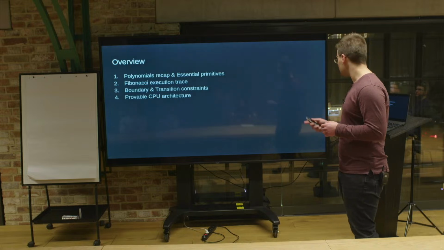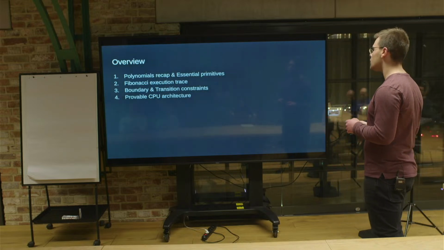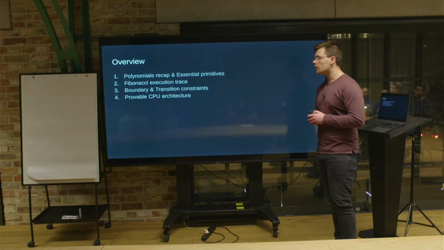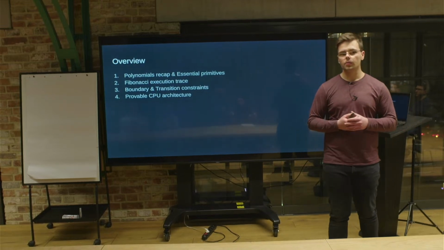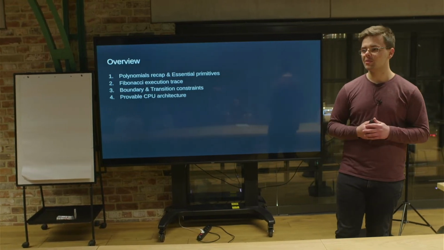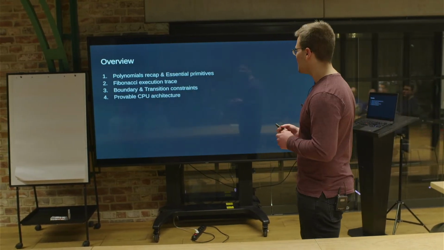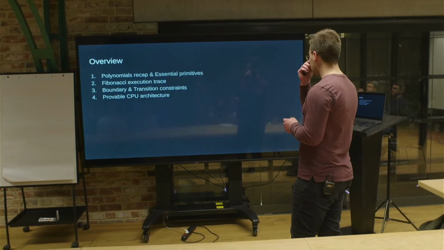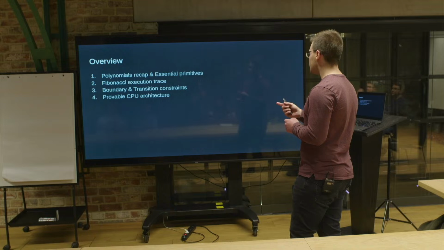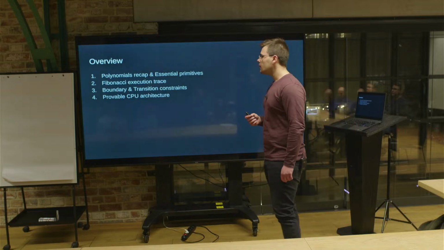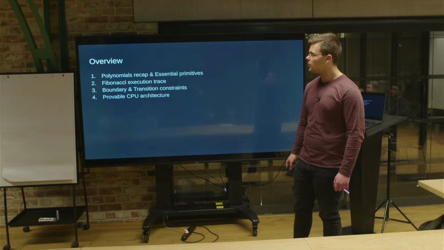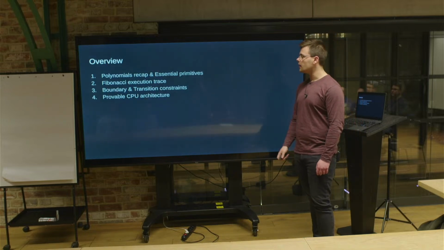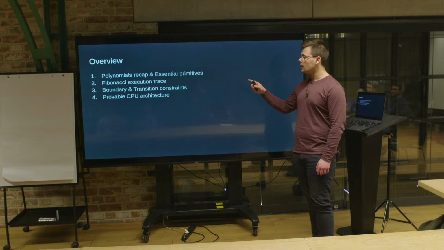So the overview of this lecture is that we are gonna start with a polynomials recap. Why do we use polynomials everywhere? Because that can be kind of bugging. Also the essential primitives, and after that, points 2 and 3 are gonna happen on that whiteboard, because we are gonna explore what is, let's say, the Fibonacci trace.